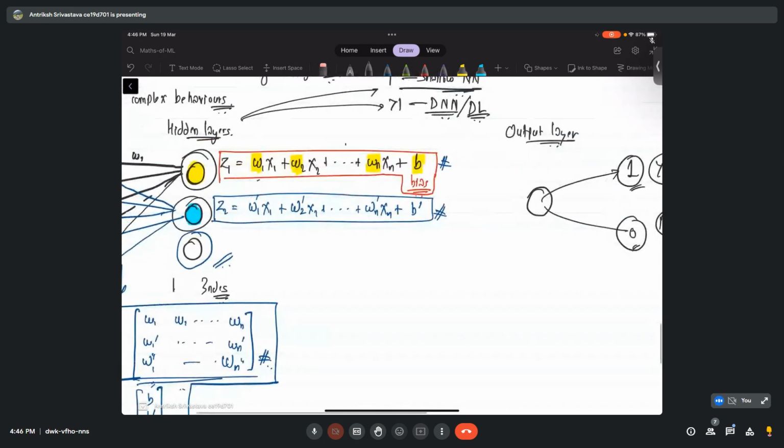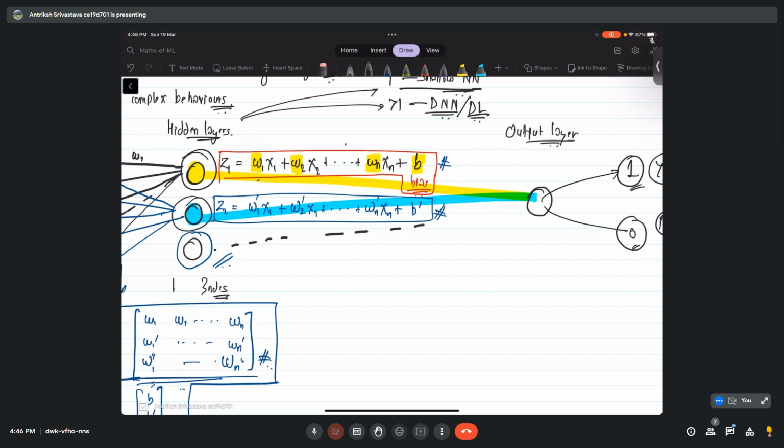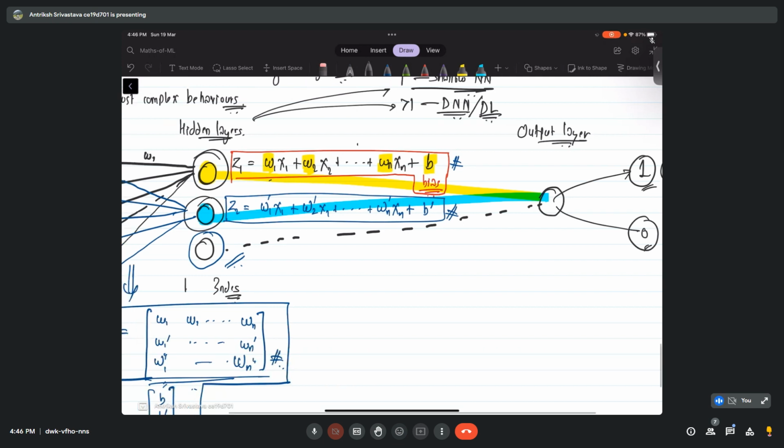In that case, these three will be giving their weights to that particular neuron. You can also represent that in terms of a matrix. Rather, it will be a vector, because it won't be a matrix.